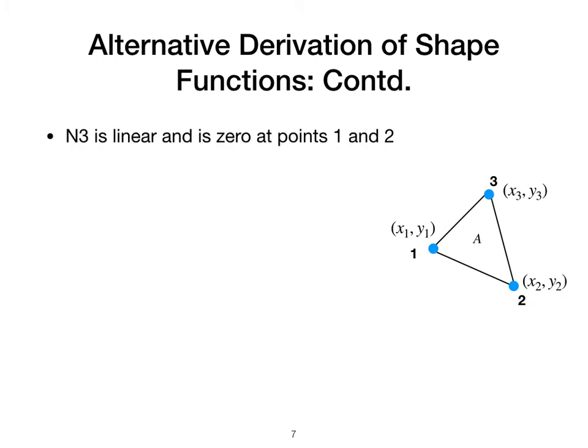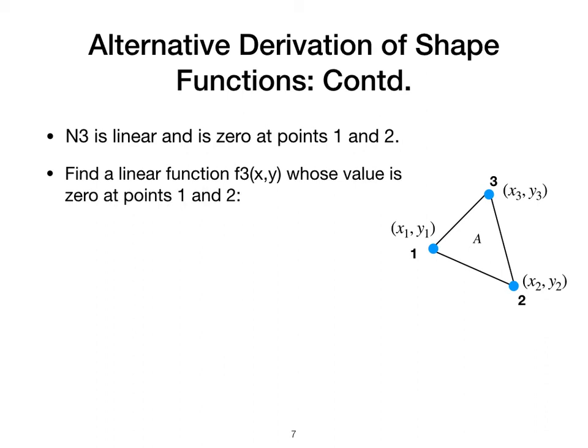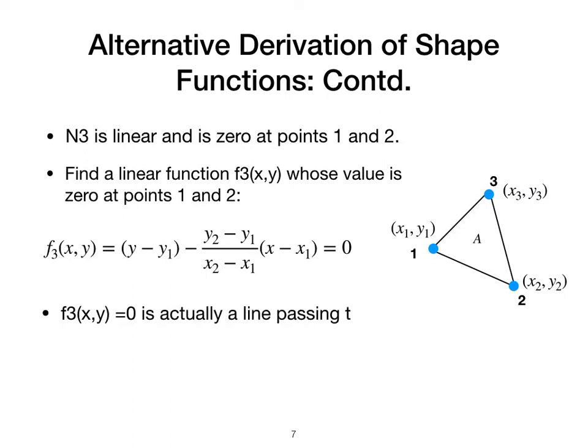Similarly, we can find N3. Again, N3 is a line whose values are 0 at points 1 and 2, and if you find that function f3, it will look like y minus y1 minus (y2 minus y1) divided by (x2 minus x1) multiplied by x minus x1, and the whole thing equal to 0.